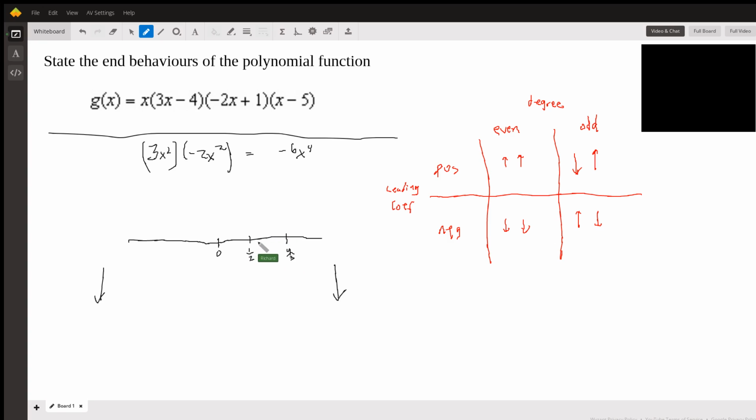And then this last one will be 5. Okay, so it's 0, 1/2, 4/3, and 5.